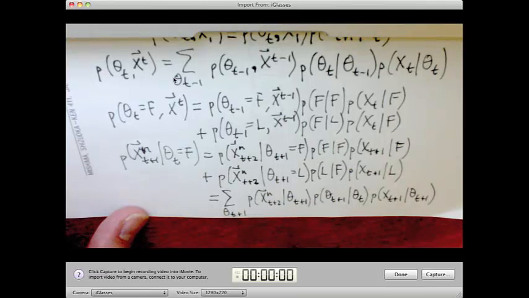So basically when you multiply these together, this is going to be the joint probability of x from t plus 1 to n and theta t plus 1 conditioned on theta t. And then I just sum over theta t plus 1 to eliminate it from the joint probability.